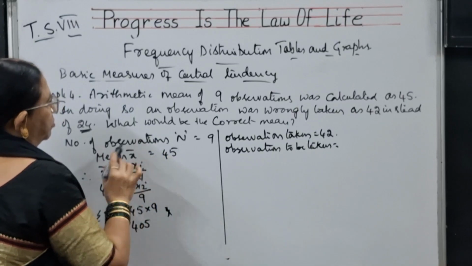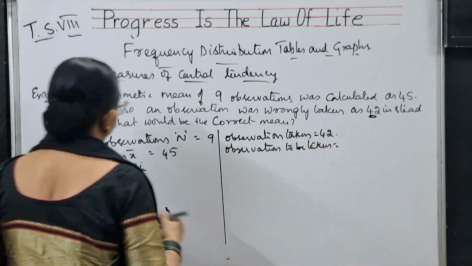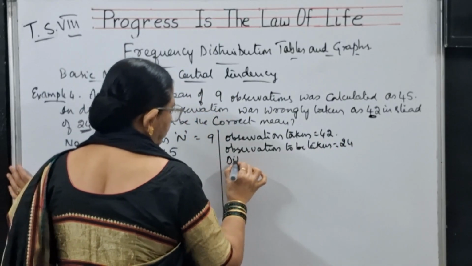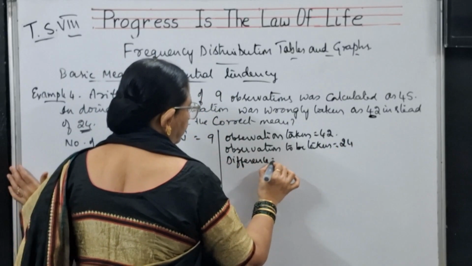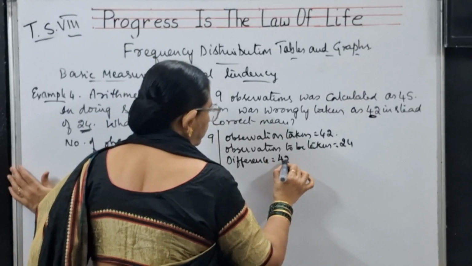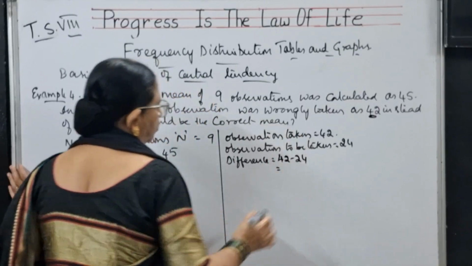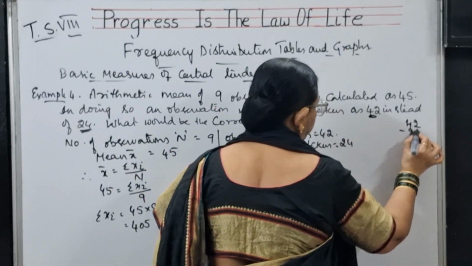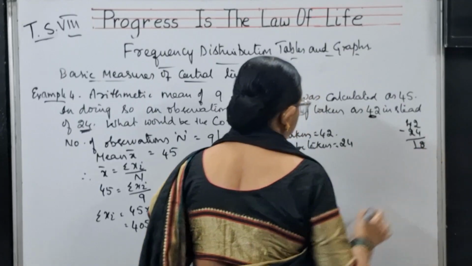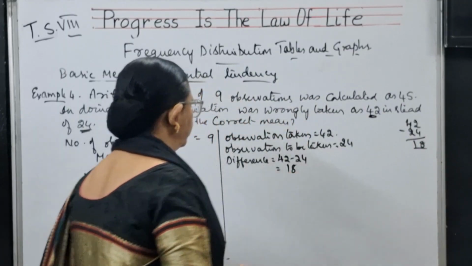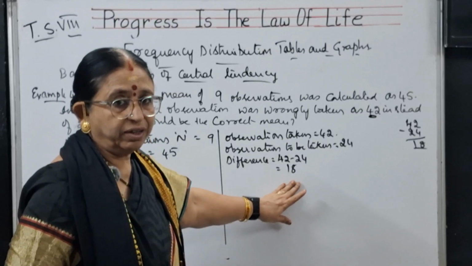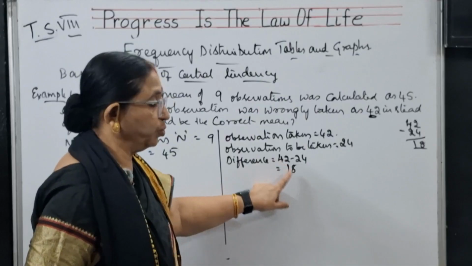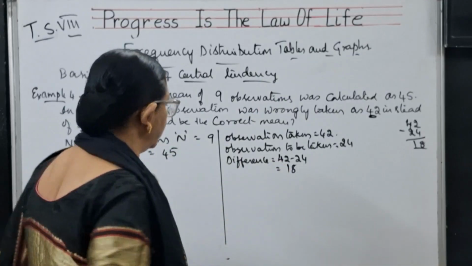They have taken the observation as 42 instead of 24. So what is the difference? Difference is 42 minus 24. So something extra they have taken. How much? 42 minus 24 is 18. So 18 is taken extra. The observation has to be taken as 24, but they have taken 42. So 18 is extra.